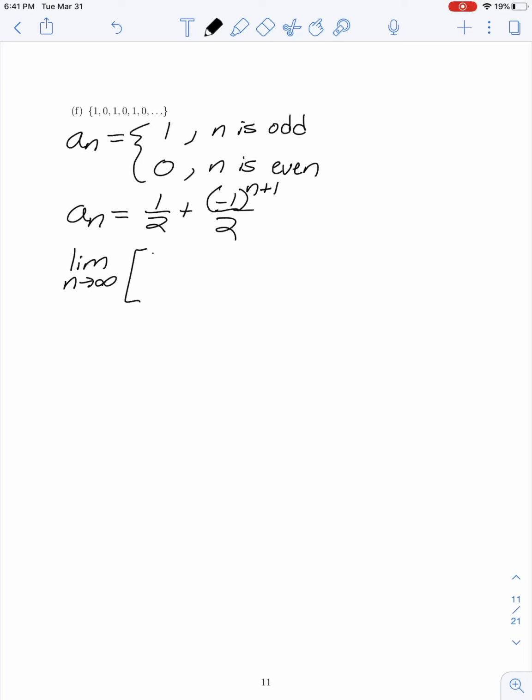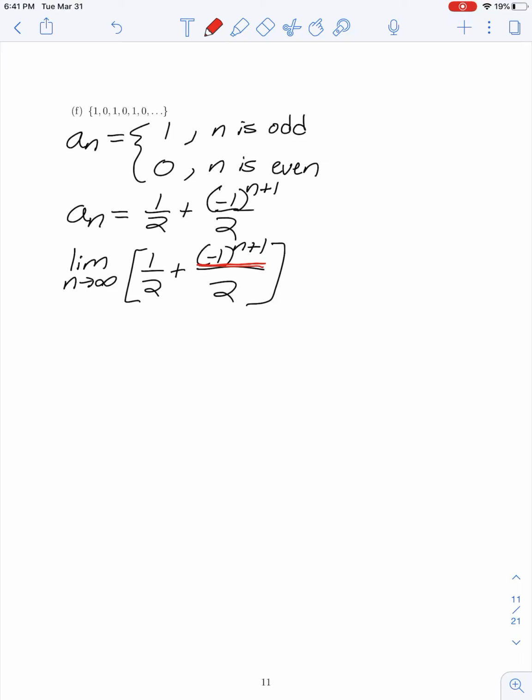Now, to determine convergence or divergence, we're supposed to look at the limit of this general term as n approaches infinity. In this case, the limit of 1/2 plus negative 1 to the n plus 1 over 2.